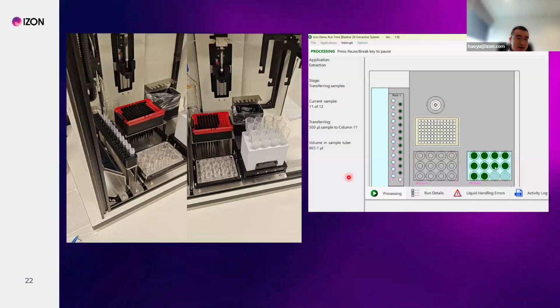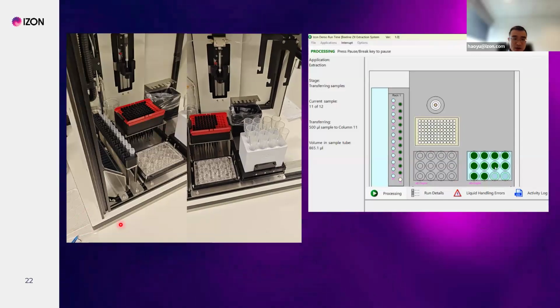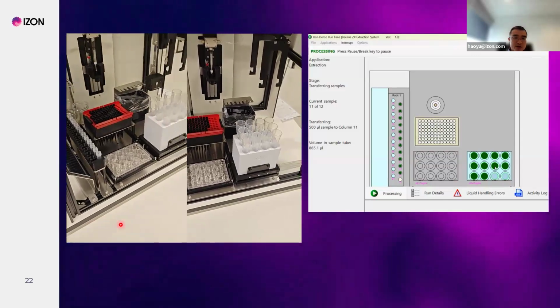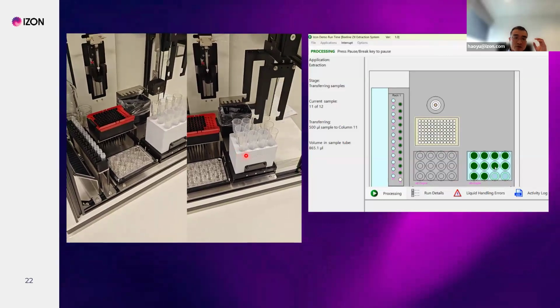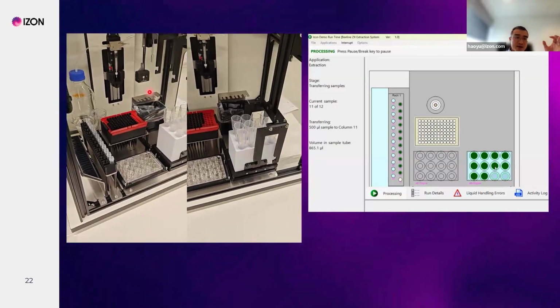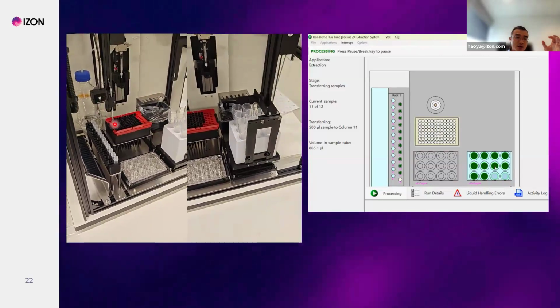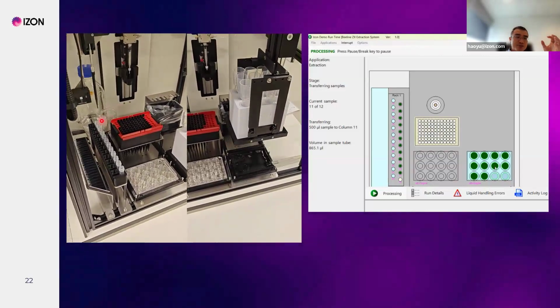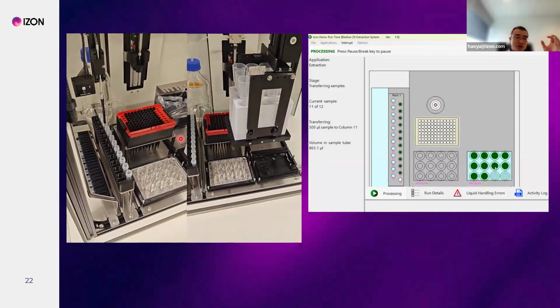As you see, this is how the system works. There is a rack holding the 12 QEV original columns, and the first video shows the system using buffers and adding samples to the column.